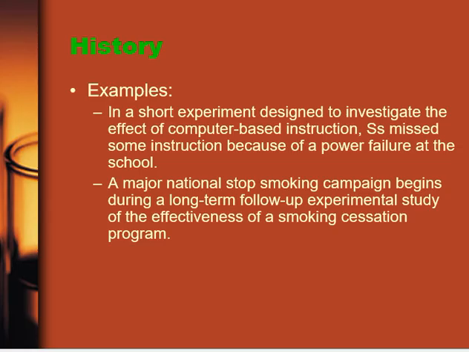Let's say some of the participants missed some of the instruction because there was a power failure at the school. We're trying to see if this computer-based instruction is better for learning, but then the power goes out and they can't use the computers. So this would obviously impact the dependent and outcome variable.